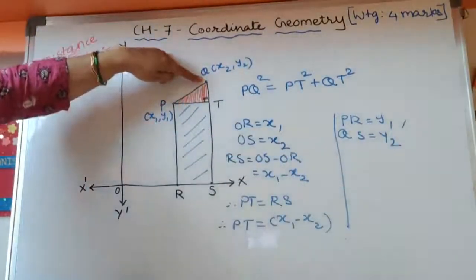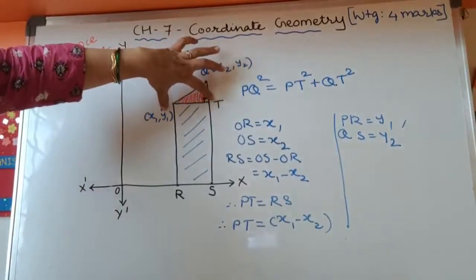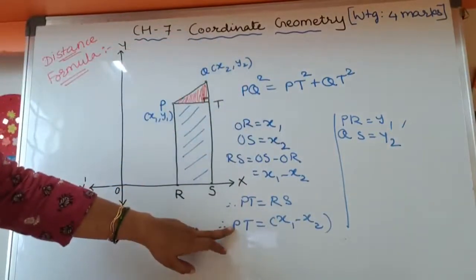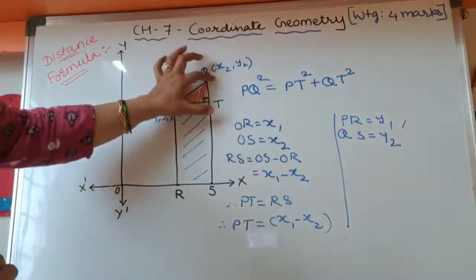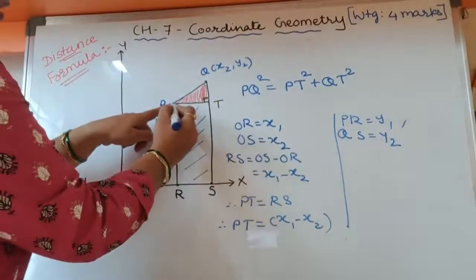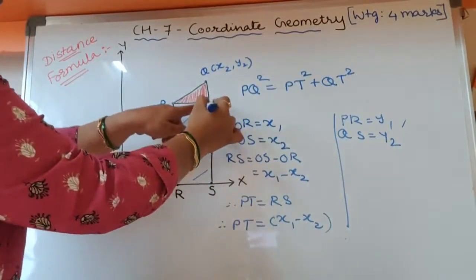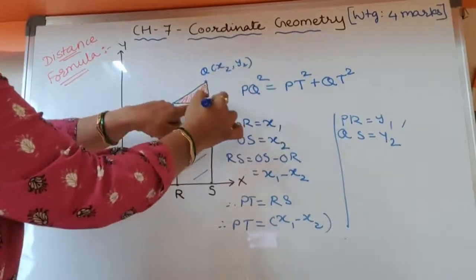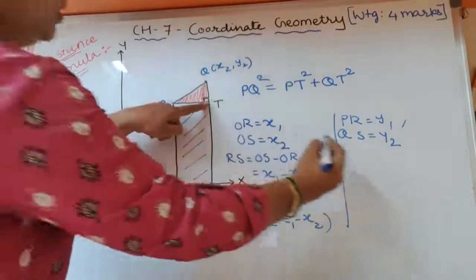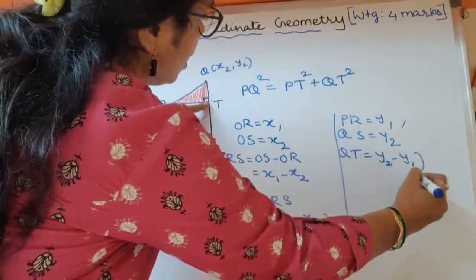Now PT we already got. Now how to find QT? So this is y1, and since we have a parallel line, this is also y1, and y2 minus y1 is QT. So QT is equal to y2 minus y1.